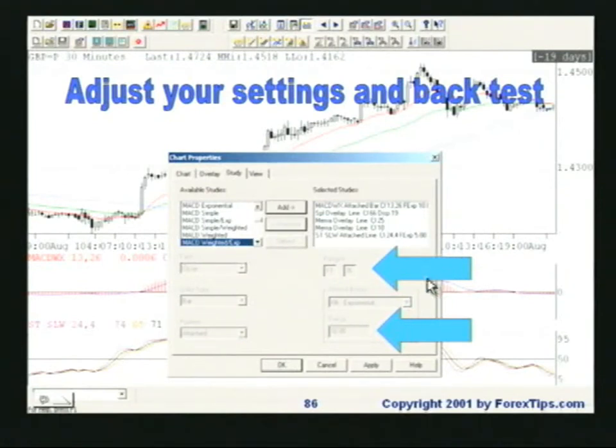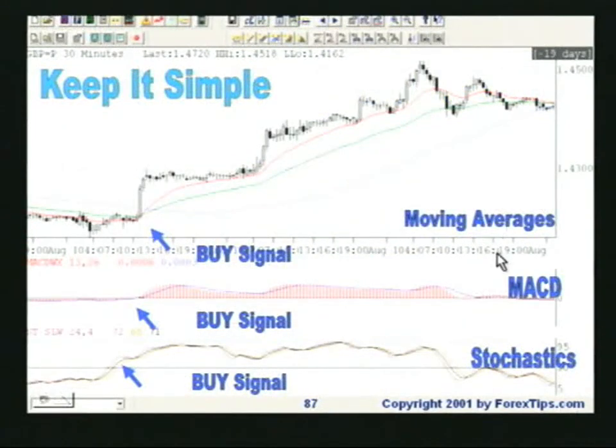If you adjust those settings in your ranges, backtest before you start to create a system that you buy into. Make sure that as you backtest it, it becomes profitable for you and that you can make money as you continue to trade.